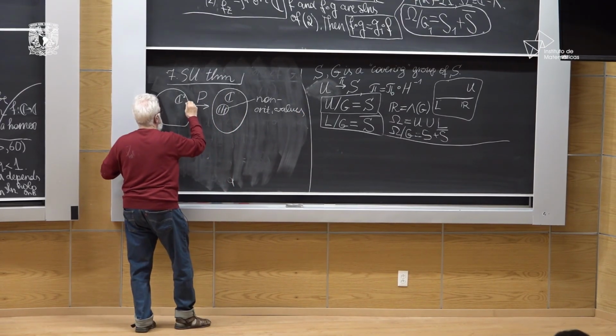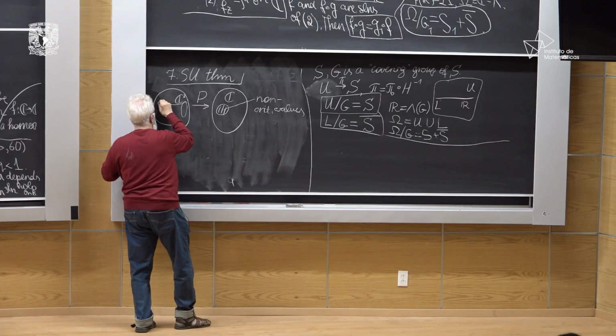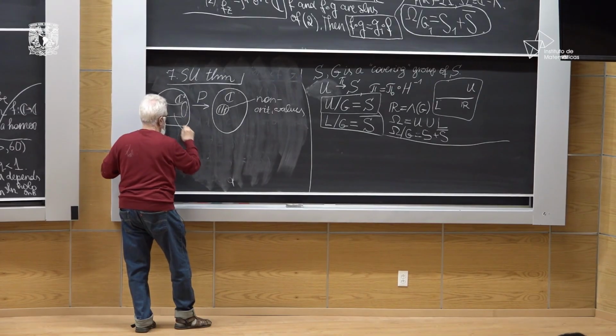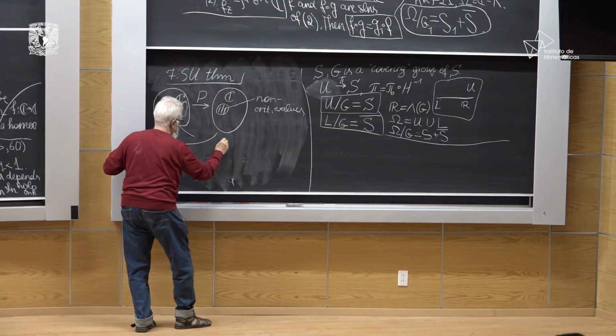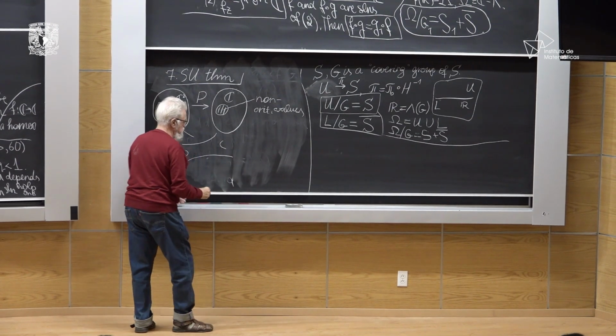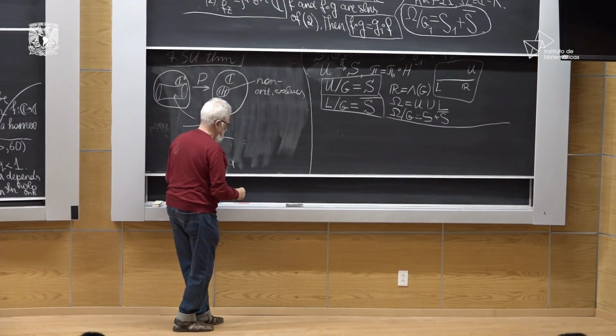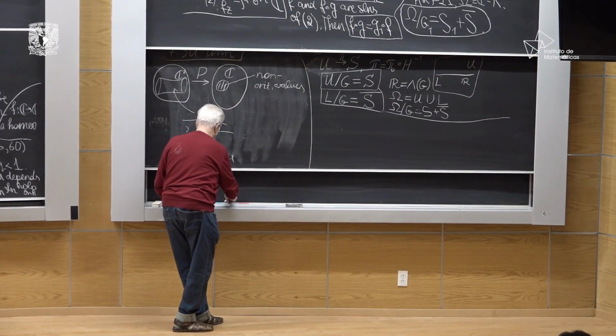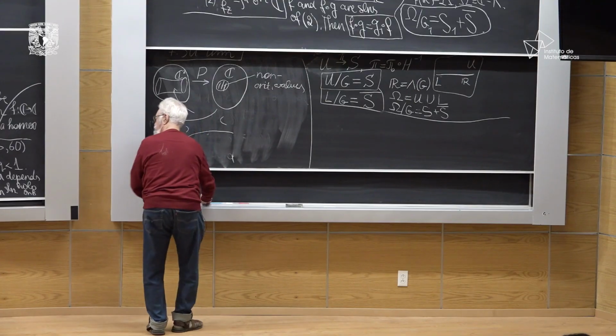Its inverse image is a domain in C squared, and this domain is split into the algebraic curves exactly as I drew at the beginning of the lecture.